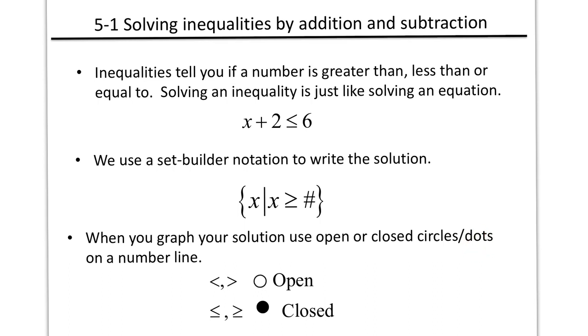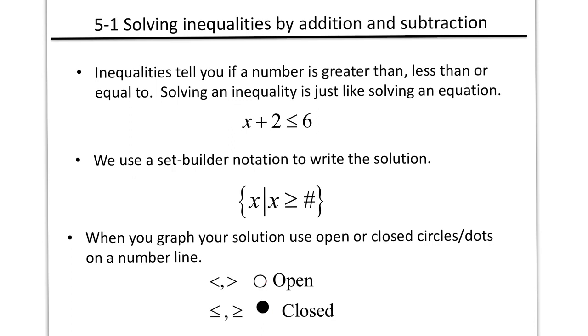But the graph is going to be on a regular number line. So this is where you also have to understand the inequality that you have. If you have a less than or a greater than, that's going to be an open circle. If you have a less than or equal to, or a greater than or equal to, you're going to have to put a closed circle on top of the number of your solution. So it's either open or closed.